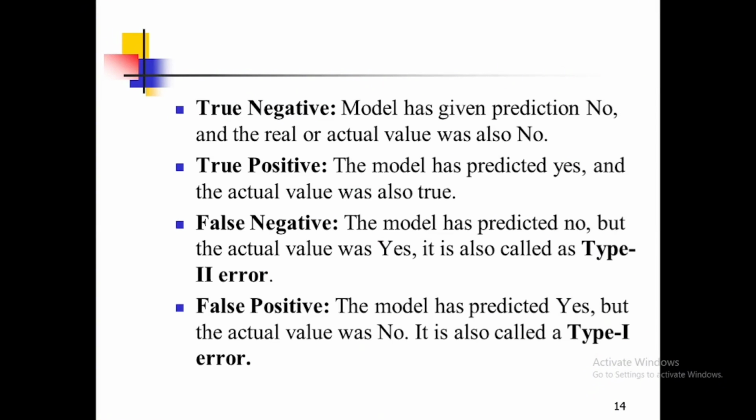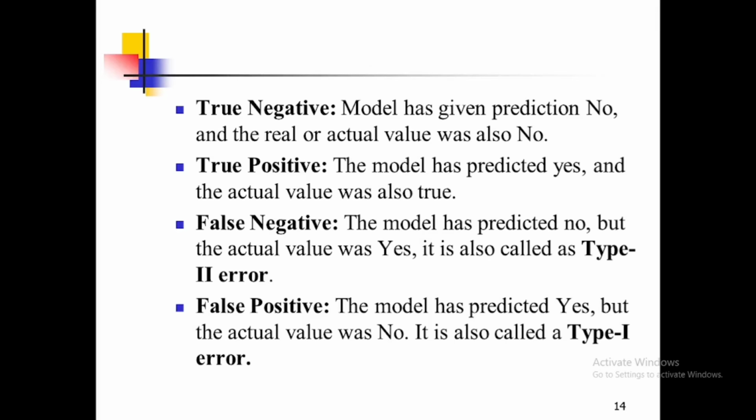So how is it? True negative: the model has given prediction no, and the real or actual value was also no. For example, in medical diagnosis, if he is not a diabetes person, the model predicts that he is not having diabetes. It results as no, and the real actual value was also no. Then it will be true negative.